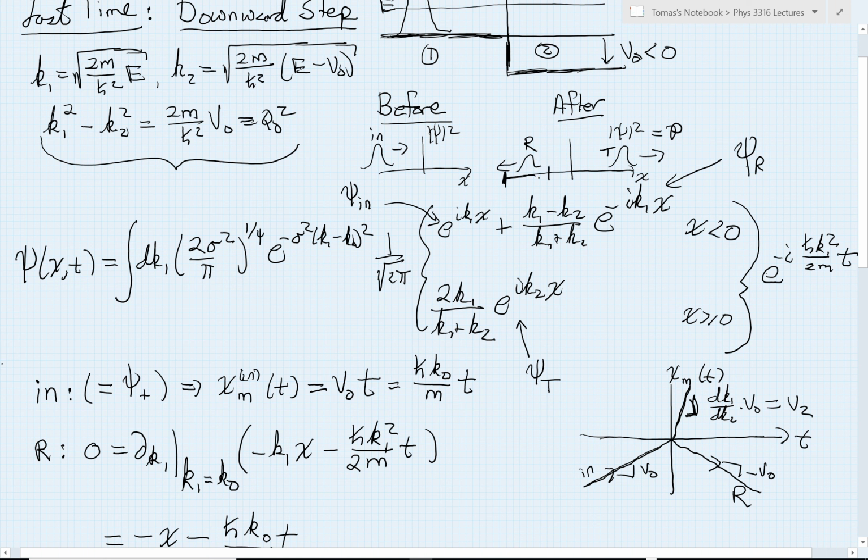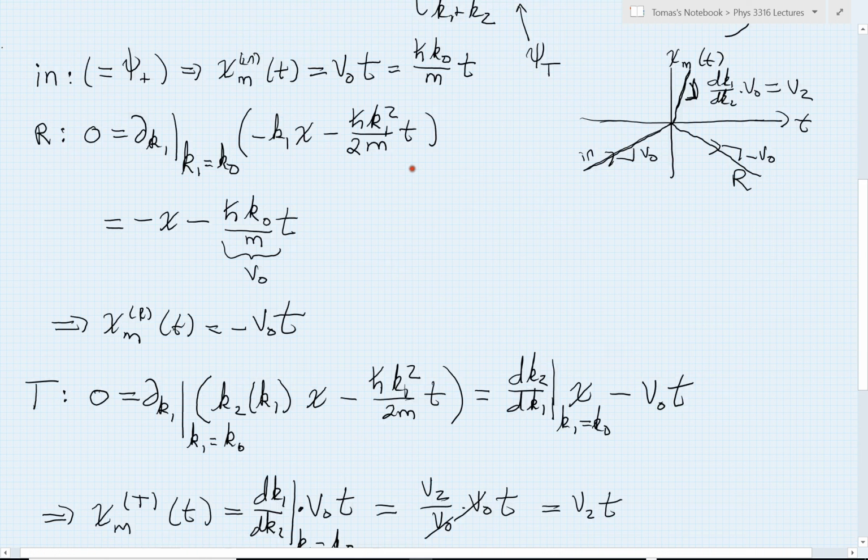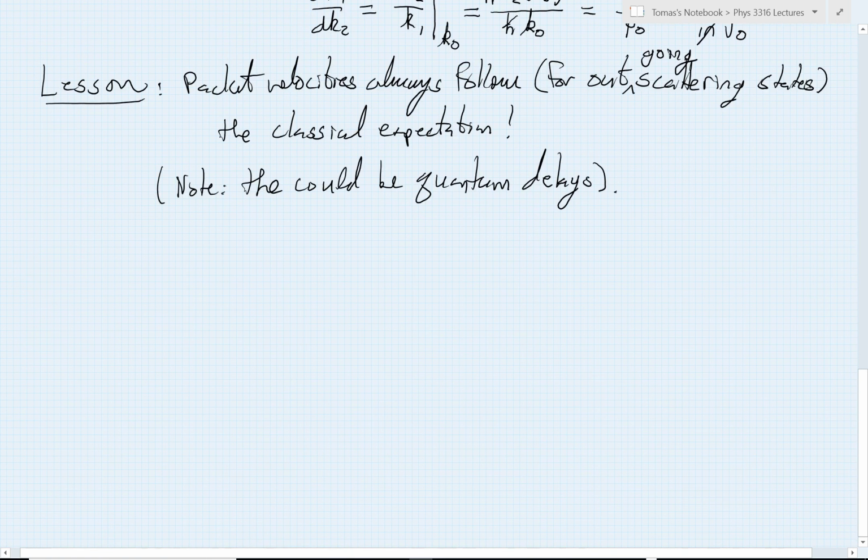If you think a little more about that, the best way to evaluate that would be to wait a long time so that these packets are nice and far separated from each other, and then all I have to do is integrate up all of the probability that is in my packet psi r. So let's now consider those reflection probabilities.